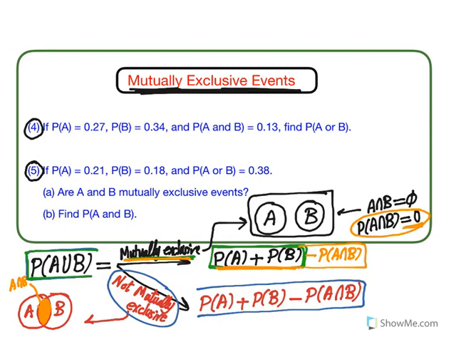But if it's already 0, it's like doing nothing. You don't need to do it. So that's why it's not included in the formula when the two are mutually exclusive. But when they are not mutually exclusive, don't forget that you have to subtract the probability of A and B. And this will end this question.